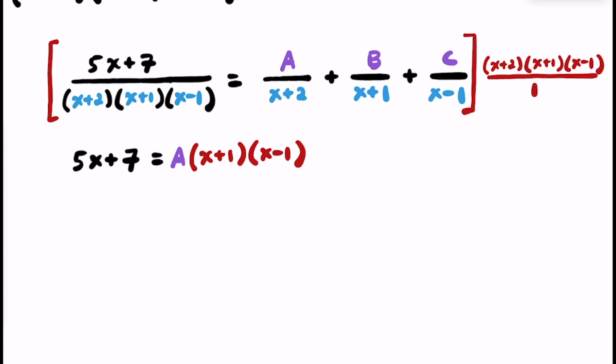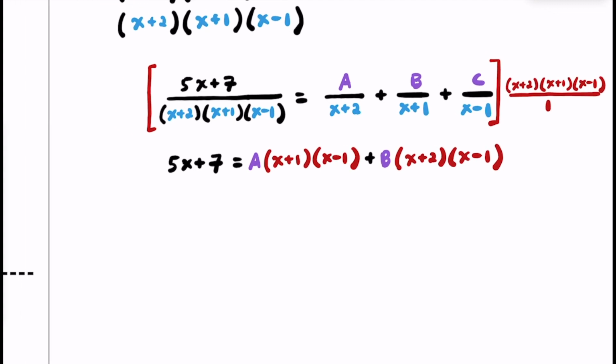So we're going to be left with plus B multiplied by those two linear binomials that didn't cancel out. I think we're going to still have this x plus 2 multiplied by the x minus 1. Then we have a little bit more to do here, so I think we still have one more. Multiplying this by this term over here, the x minus 1's are going to cancel out, so we're going to have a C left. So let's go ahead and write plus C.